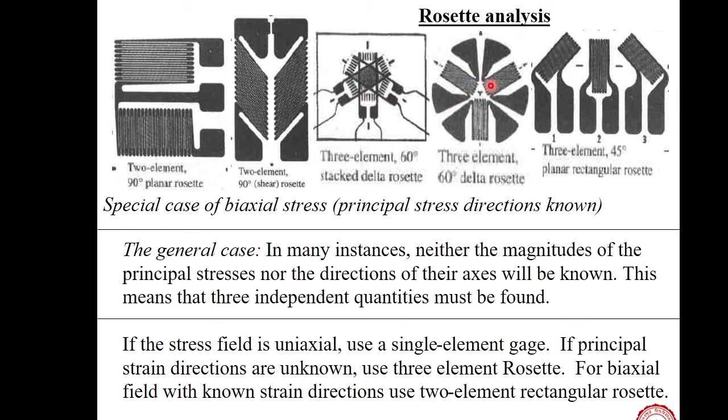It can experience the strain of the surface in a better way, because all the gauges are quite close to the surface, but here they are stacked, so the top one is at a larger distance from the surface. So that way it has a lower sensitivity towards strain.